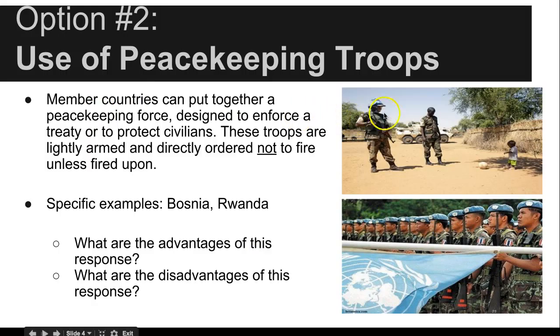Option 2, use of peacekeeping troops. You see a nice picture here of the UN flag, blue with the world in it. Member countries can put together a peacekeeping force designed to enforce a treaty or protect citizens. Now, this might sound similar to the military force, except they are not armed very much, and they have direct orders not to fire. They cannot fire unless they're fired upon.